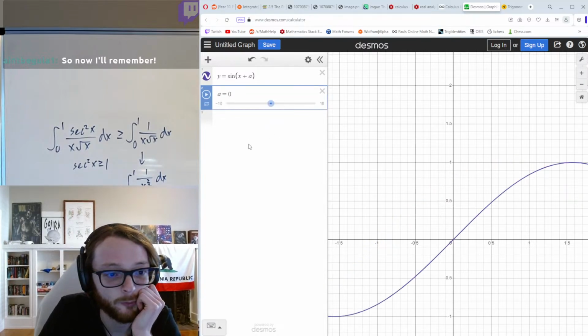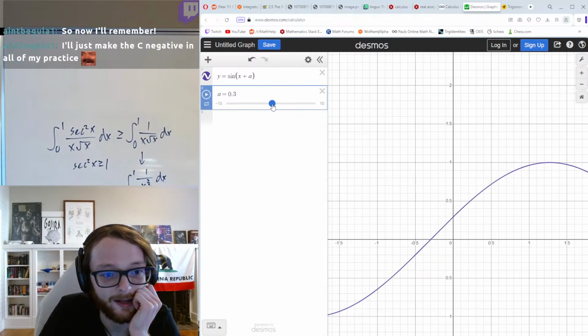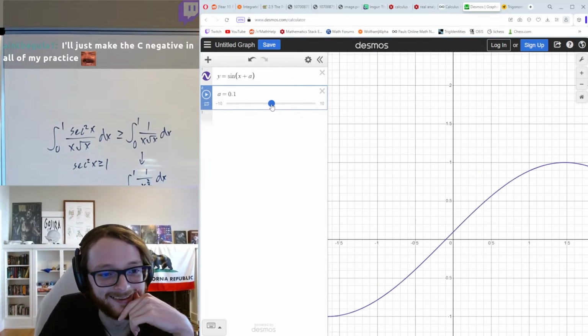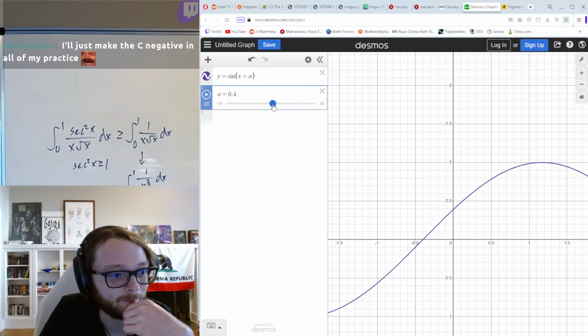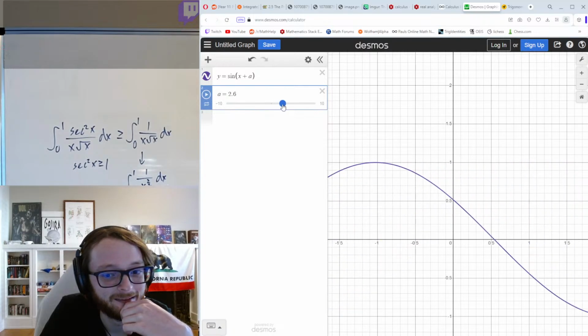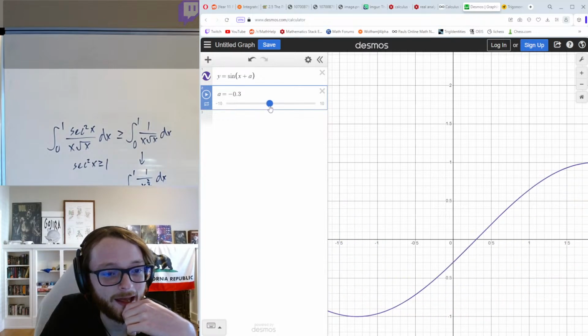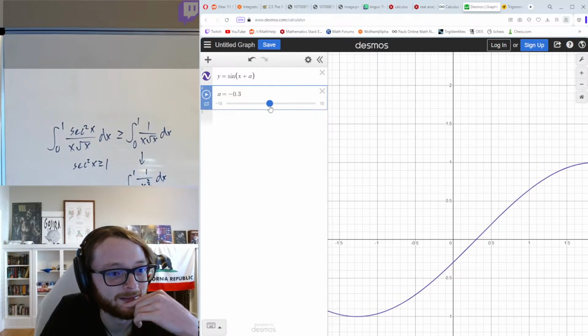Dude, the rules with function translations are always so weird to me. Okay, yeah, so I need to actually see it like this. So yeah, we're shifting to the left when we do a positive 1/2. Make C negative in all your practice? Okay. Yeah, if you want to add on that amount to your 0, then you don't want to have a negative there. Okay.